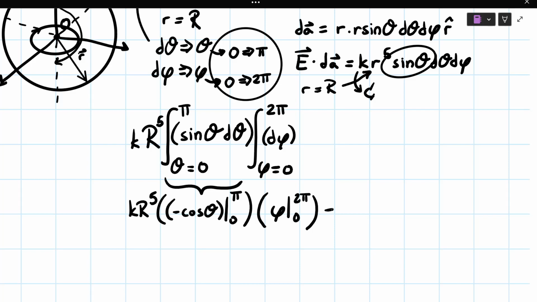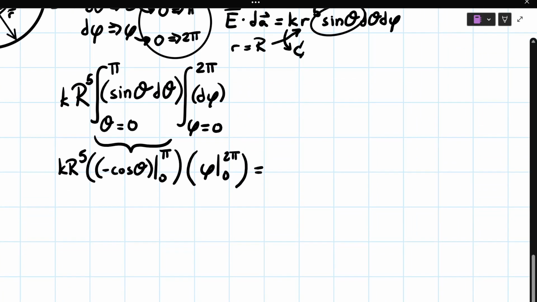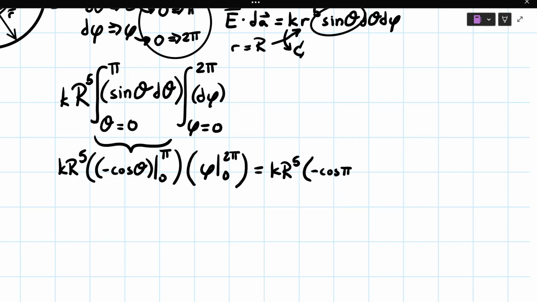And this is equal to k times r to the 5th times negative cosine of pi minus cosine of 0, and then we're going to multiply by the result of phi, which is 2 pi minus 0.